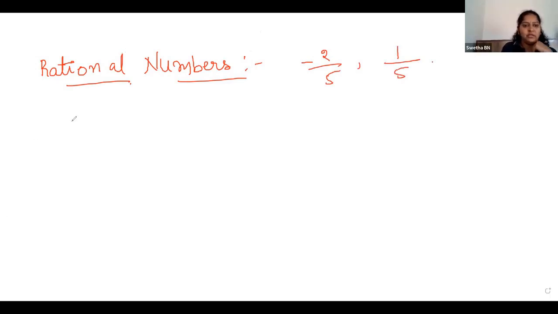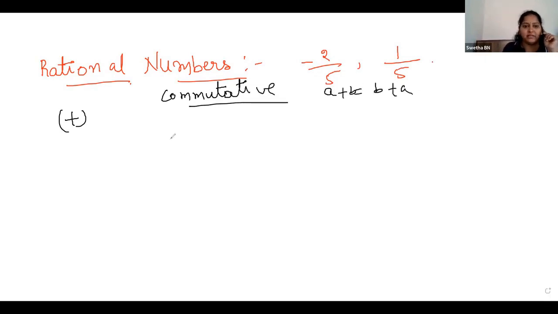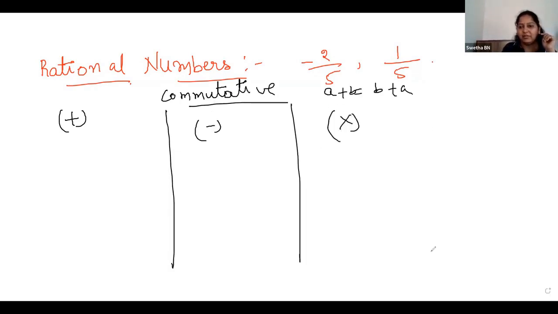Yes. So we are doing the commutative property. The commutative property is a plus b is equal to b plus a. Let us do addition, subtraction, multiplication and division. So I have taken two numbers.